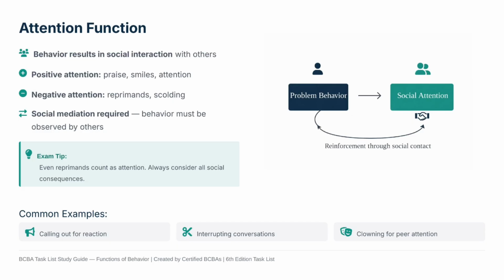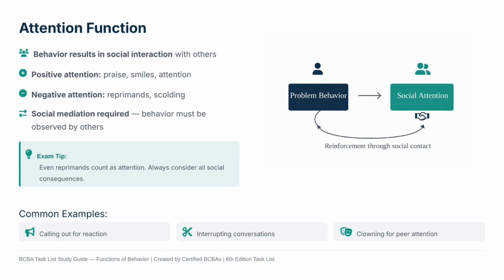Attention-maintained behavior occurs when social interaction functions as the reinforcer. That interaction may be positive, such as praise, laughter, or eye contact, or it may be negative, such as reprimands or corrective feedback. What matters is not whether the interaction is pleasant. What matters is whether the interaction increases the future likelihood of the behavior.